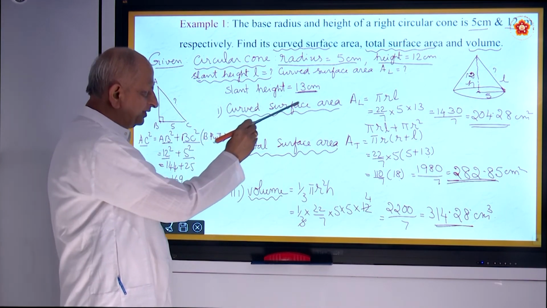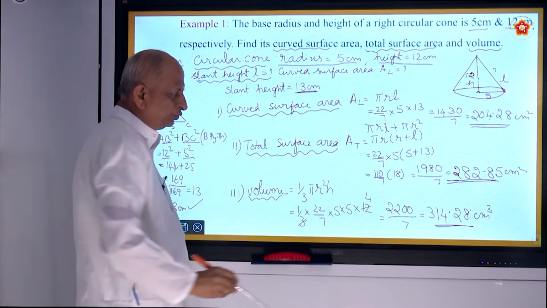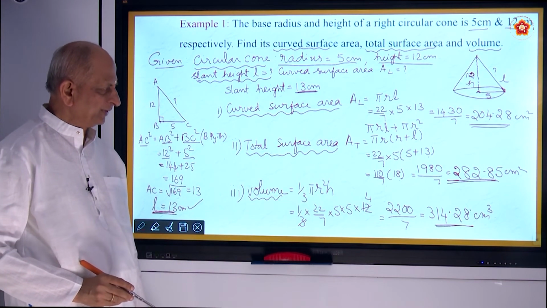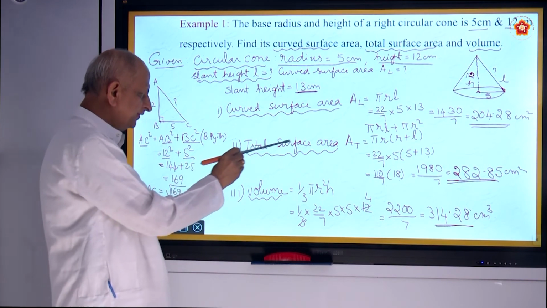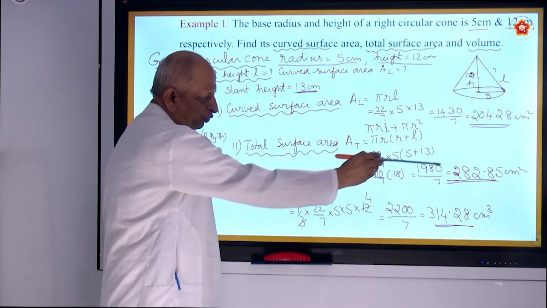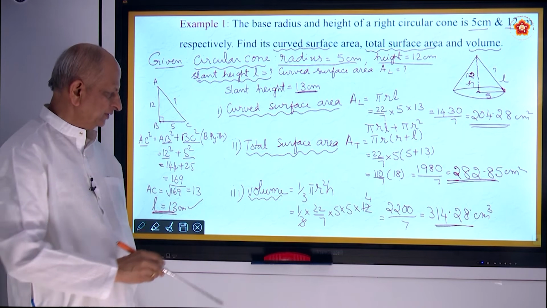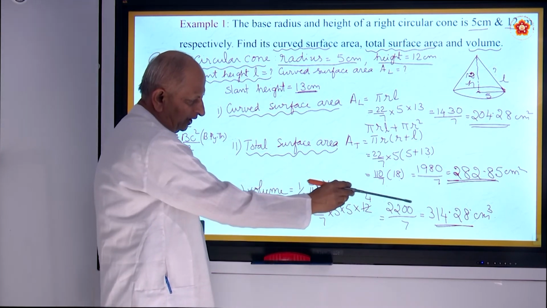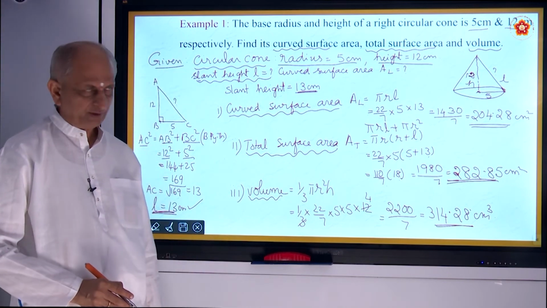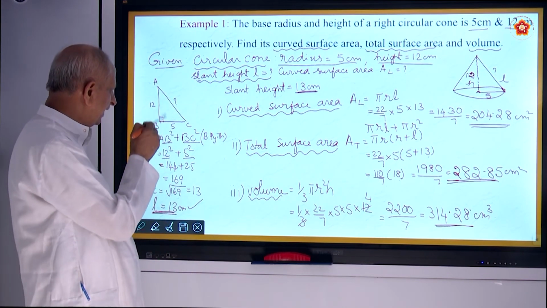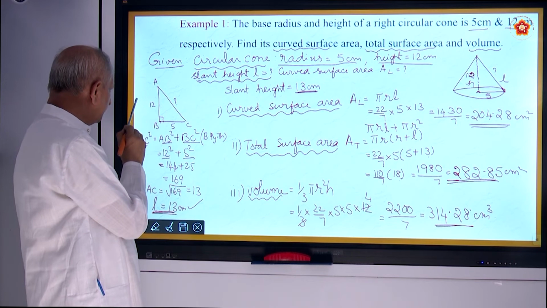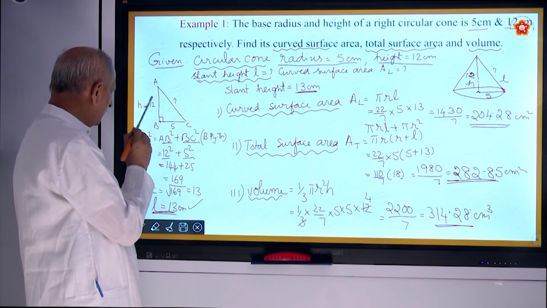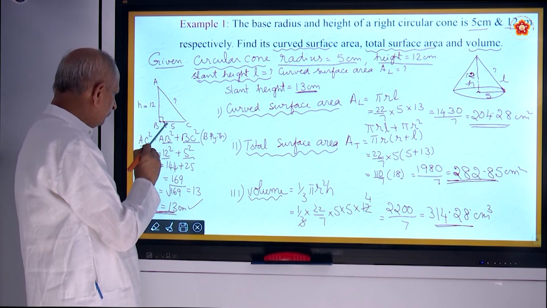One is curved surface area, 204.28 centimeter square. Second is total surface area, 282.85 centimeter square. Third one is volume, 1/3 pi r square h, 314.28. For that we wanted L. You are given h is equal to 12, r is equal to 5.